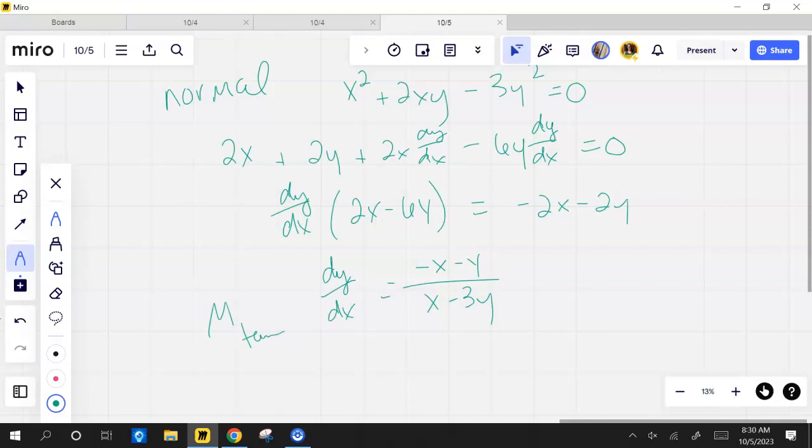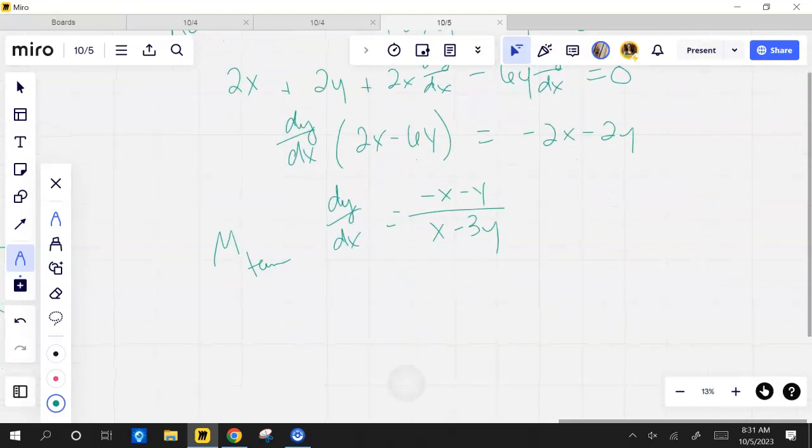So if you want a slope of the normal line, because this says find the normal to the curve, the line that is normal to the curve at 1, 1 intersects the curve at what other point? So I need to know the slope of that right now, right? Go with me? All right, flip it and change the sign.